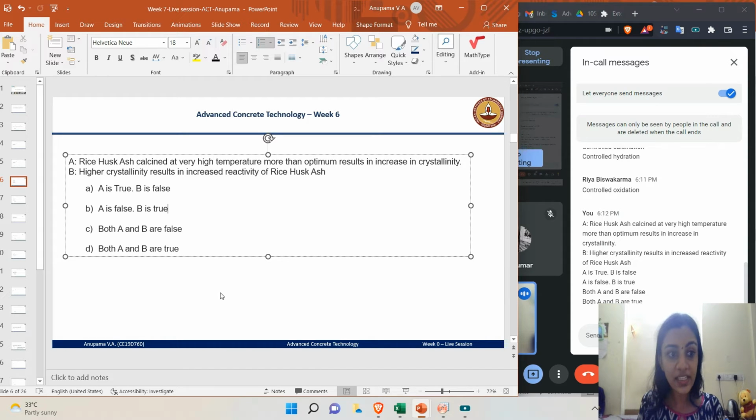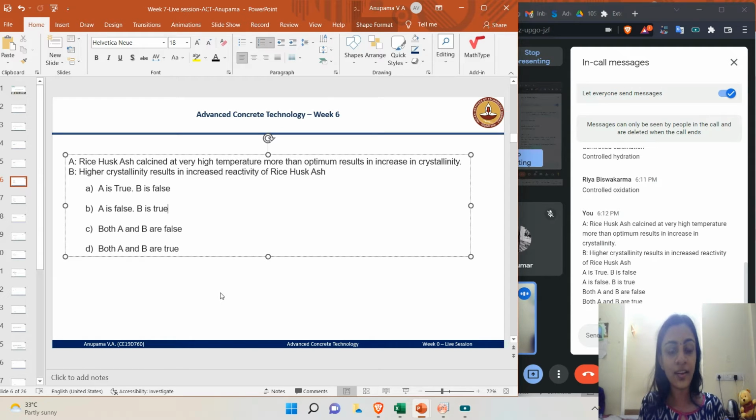Statement B: higher crystallinity results in increased reactivity of rice husk ash. Statement A states that if you increase the temperature of incineration or calcination of rice husk ash beyond a limit, it increases the crystallinity. Statement B states that the higher the crystallinity, the higher the reactivity.